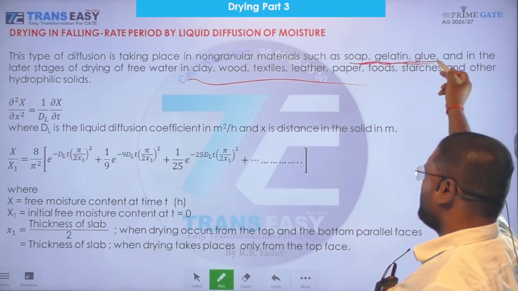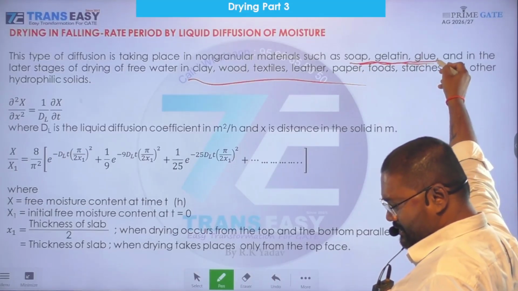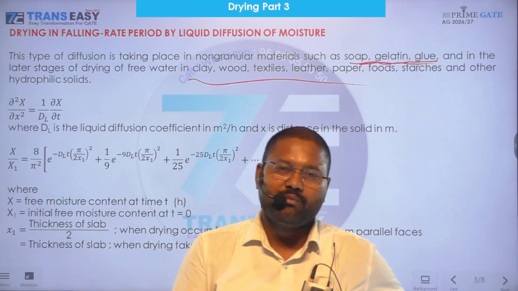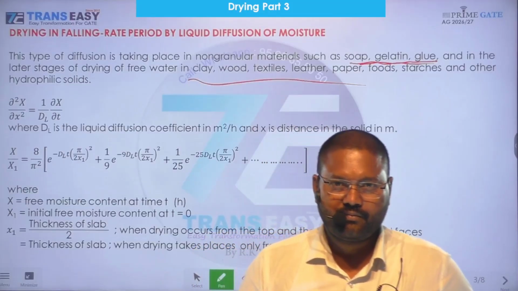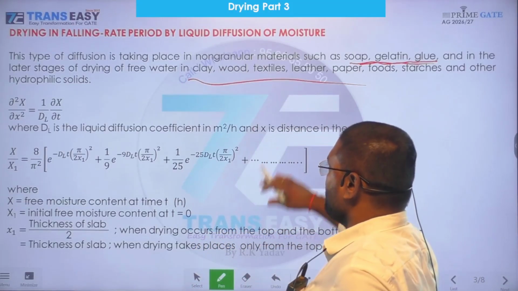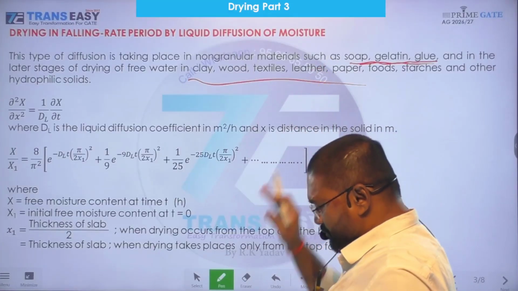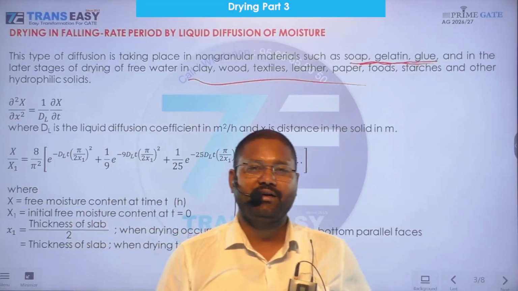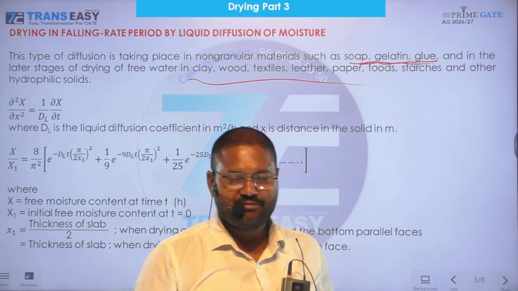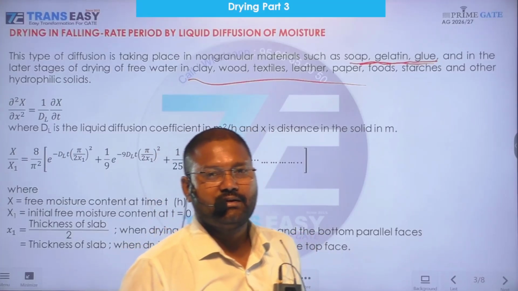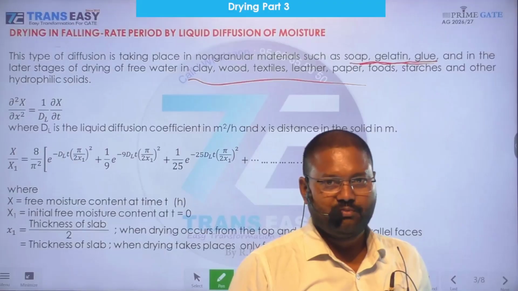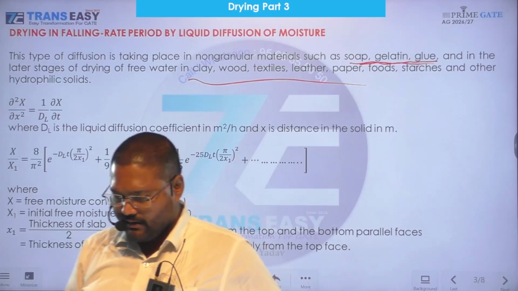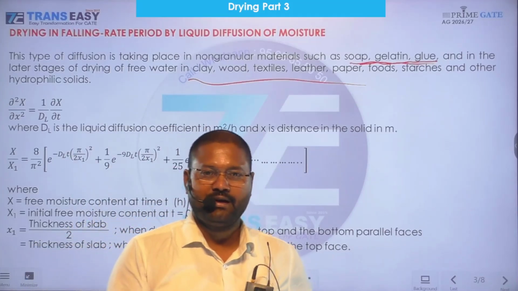Such materials are non-porous. They don't have interconnecting pores for capillary movement. Right? So in such material, diffusion of moisture to the surface of the material under drying takes place, and further evaporation of this moisture into drying gas happens, and finally we are getting dried product.